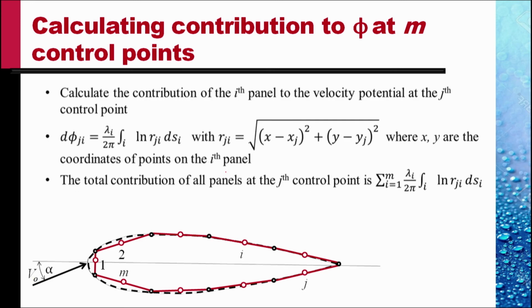And how do we do this? We calculate the contribution of the ith panel to the velocity potential at the jth control point.